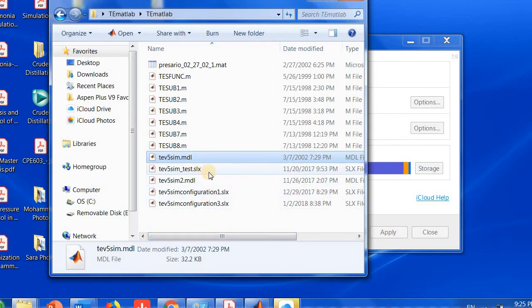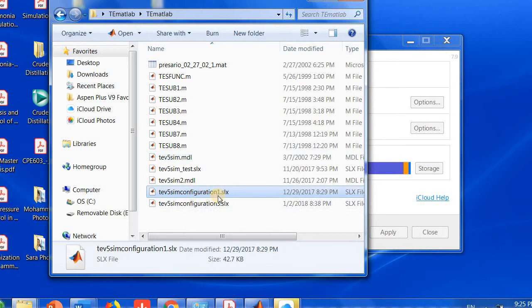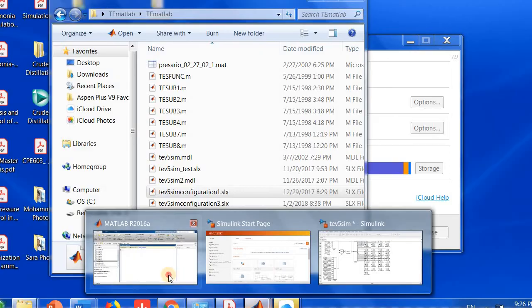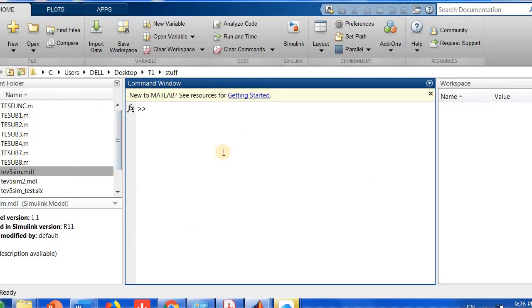Since we are talking about SLX, you're going to go to an SLX file of the new version. This is MATLAB. What you need to do first is select that folder.